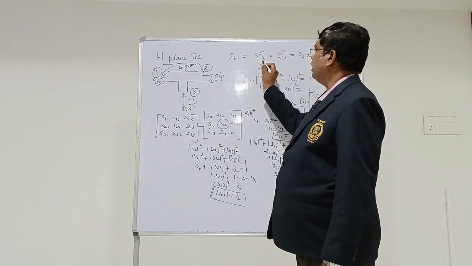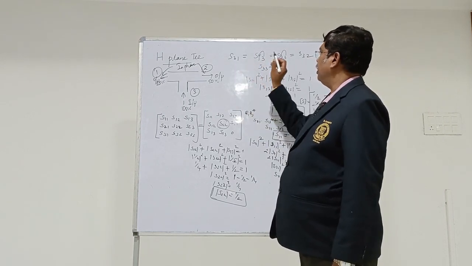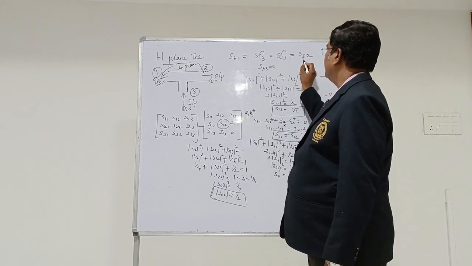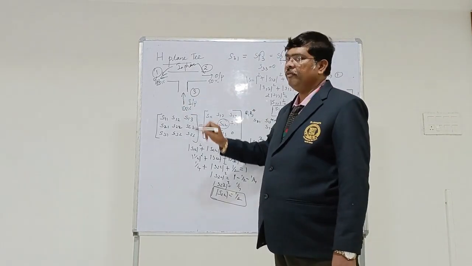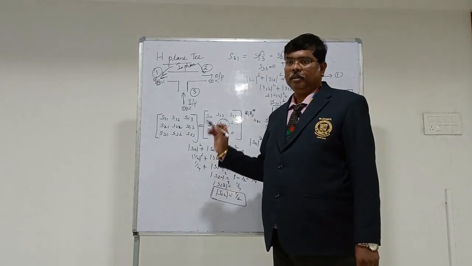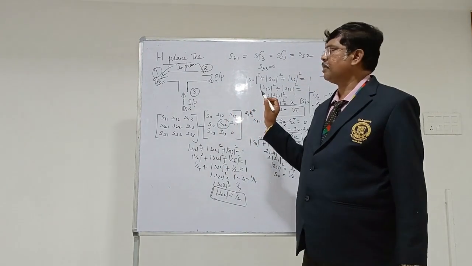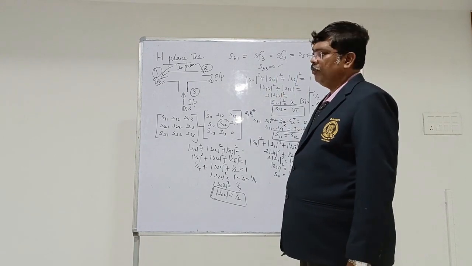According to the symmetry property, S13 can be written as S31, and S23 can be written as S32. Whenever you are giving the input at any port, we assume that the port is perfectly matched, so S33 is equal to 0.